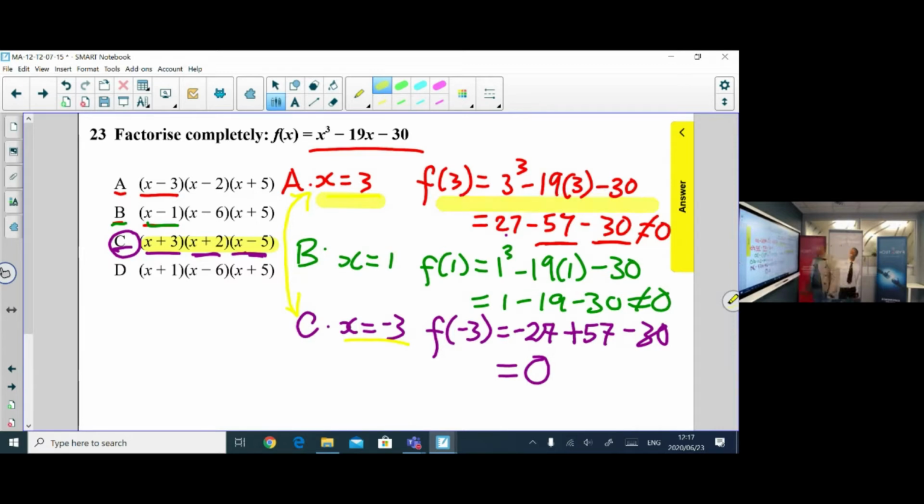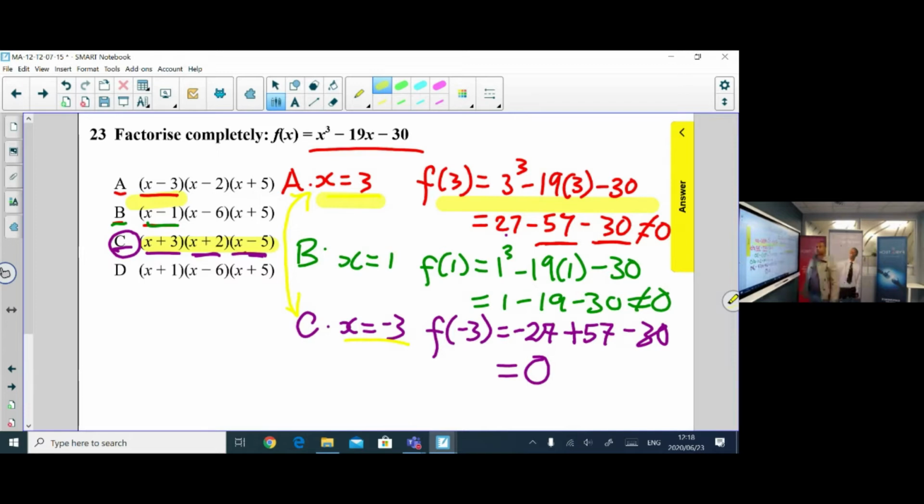If it gives me 0, then it means that x minus 3 is a factor of the expression. If it doesn't give me 0, the number that it gives me is the remainder. So that's how we set out to do and accomplished dealing with the remainder theorem and the factor theorem.